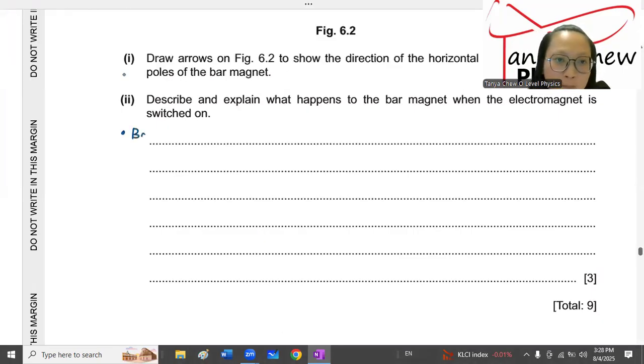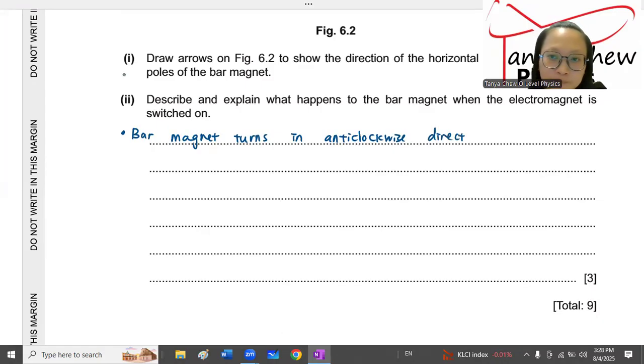So I'll say bar magnet turns in anti-clockwise direction. Now, I will explain why this is happening.